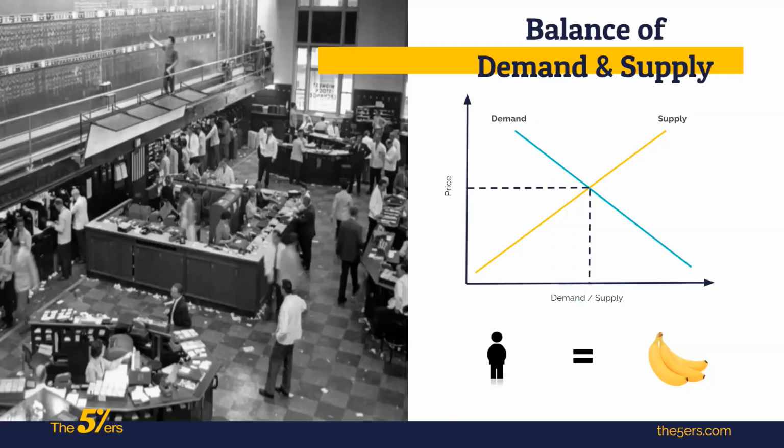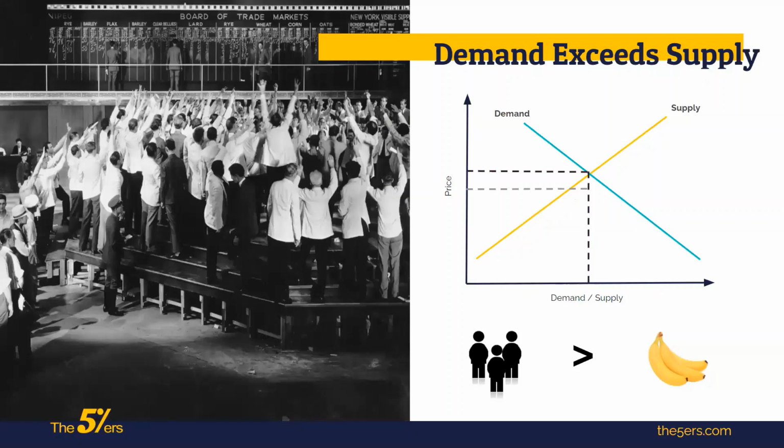This is what we call a balance or base area, where price and quantity are fully fulfilled for both sides. Price will not move, or will range in a certain space. When more people are willing to buy and there is less supply, price will rise. People are desperate to buy while there's not enough commodity to be sold.